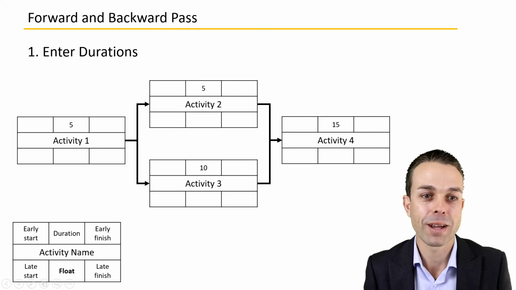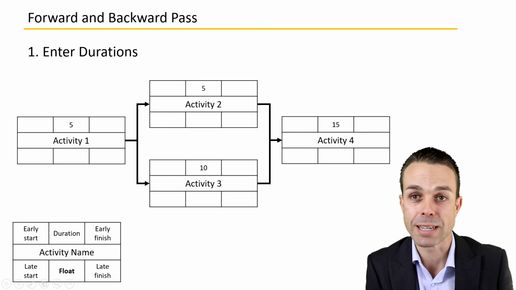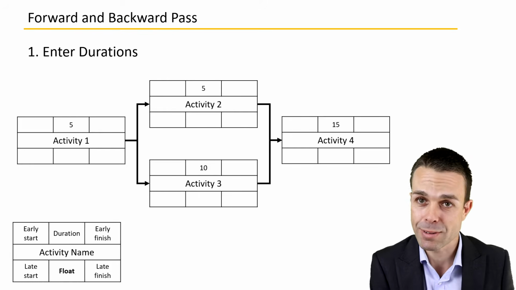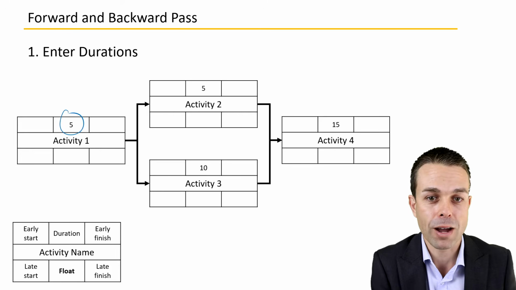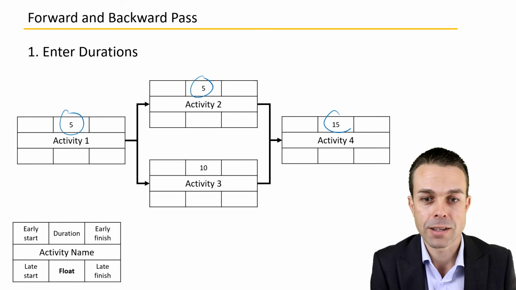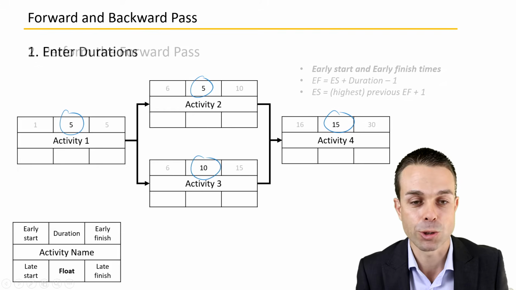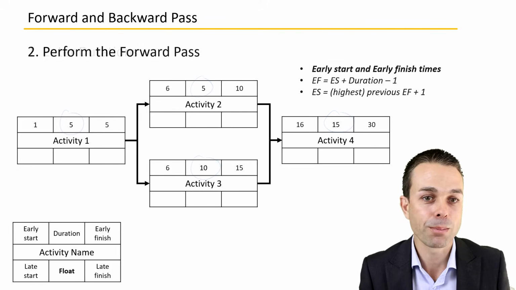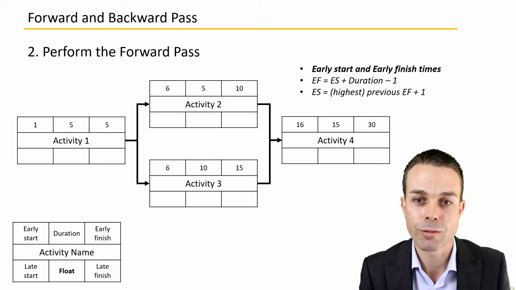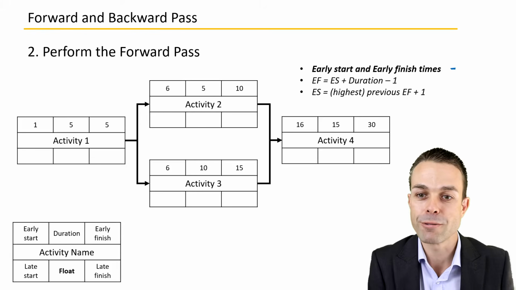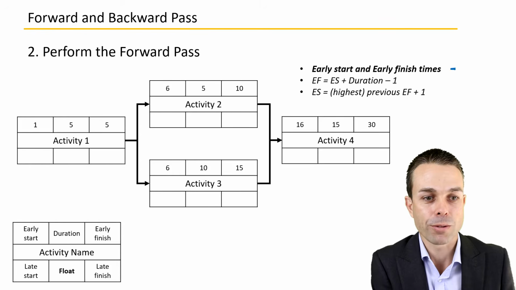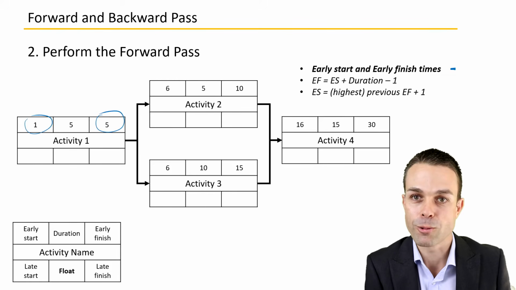So first of all, we want to enter the durations of each activity. How long is it going to take, even if it's an estimate? This one we've got 5 days, 5 days, 15 days. That's their durations. This one is 10 days. Now that we have that, we can perform the forward pass, which is all of our early start and early finish times, as we were saying. So we've got our early start on the left and our early finish on the right.